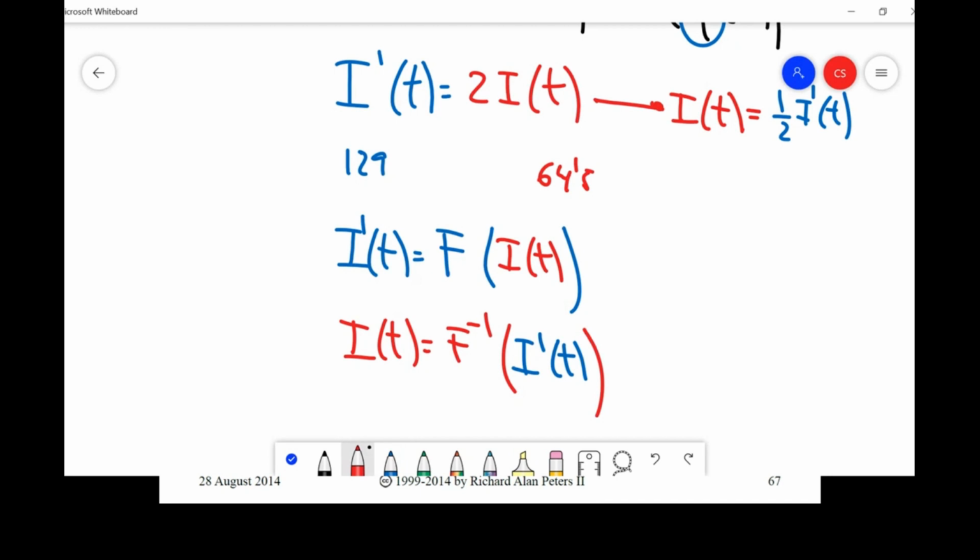In that domain, it means, as I said before, let's say the images are real, so I don't lose information, because if I see 129, that means the original image was 64.5.